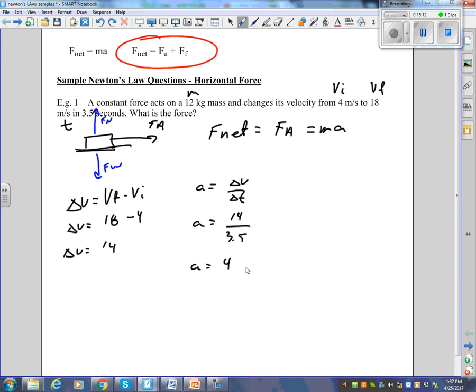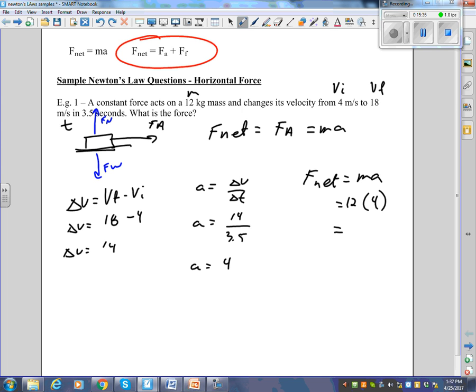And now I'm going to go F net is equal to MA. My mass is 12. My acceleration is 4. How do you do 12 times 4 in your head? Here's how I would do it.